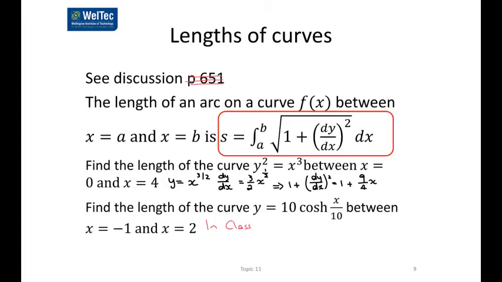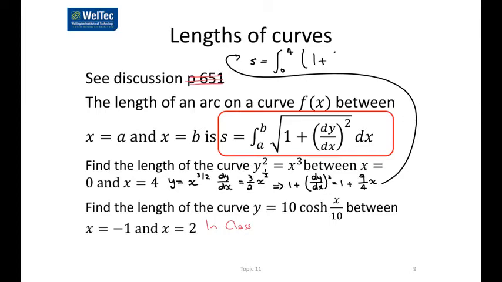So now the arc length is going to be the integral between 0 and 4, as per the question, of the square root, or to the power of half of, 1 plus 9/4 x.